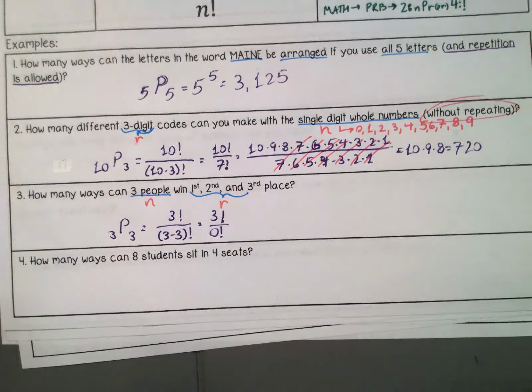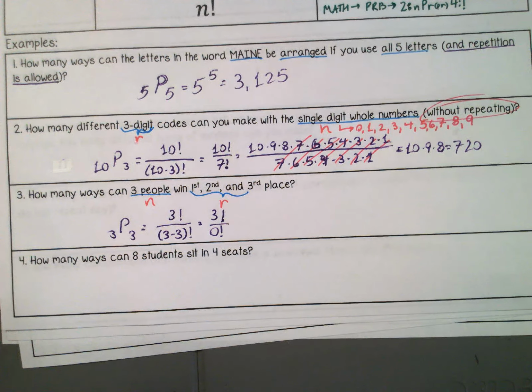What? Can you divide by 0? No, but there's an answer here. Here's why. 0 factorial is equivalent to 1. Much like how any number to the 0 power is 1, this is a mathematical law. There's a very large, complicated explanation and proof behind it that we're not going to get into in this video. But for all intents and purposes, all you need to know is that 0 factorial equals 1.